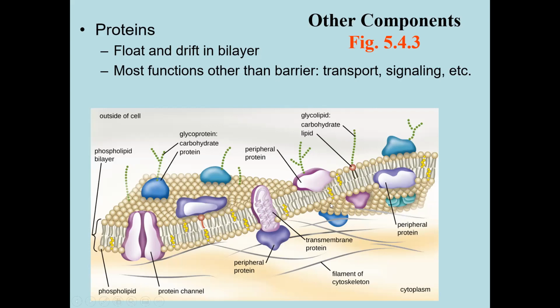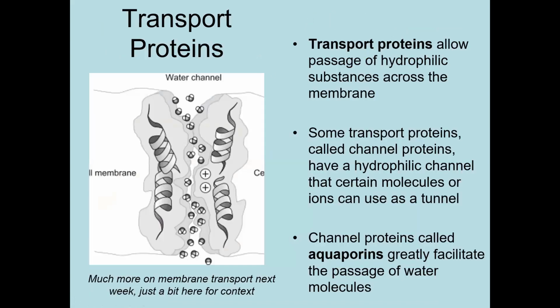Here we've got a bunch of proteins that have carbohydrates attached, glycoproteins. They may act as a way to detect what type of cell this is or to receive certain signals. We're also going to have proteins that act as receivers for the inputs from other cells.